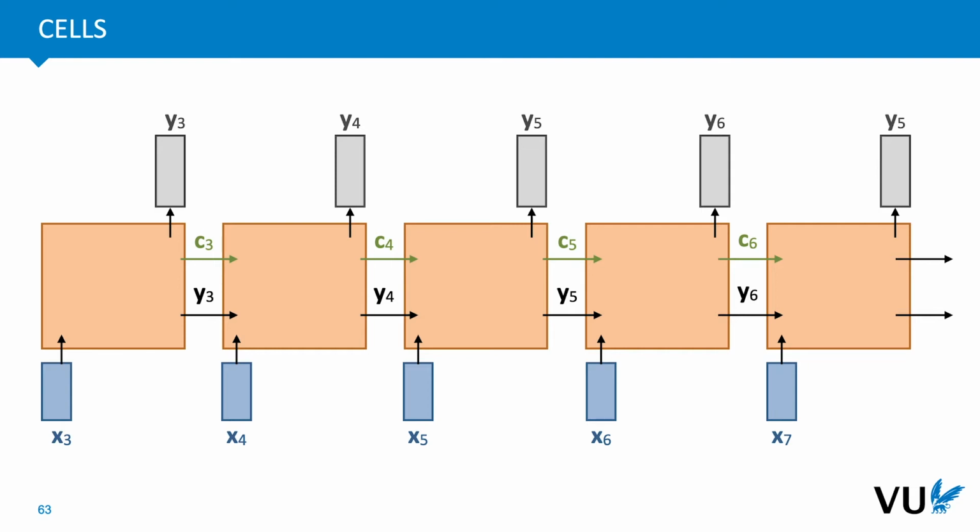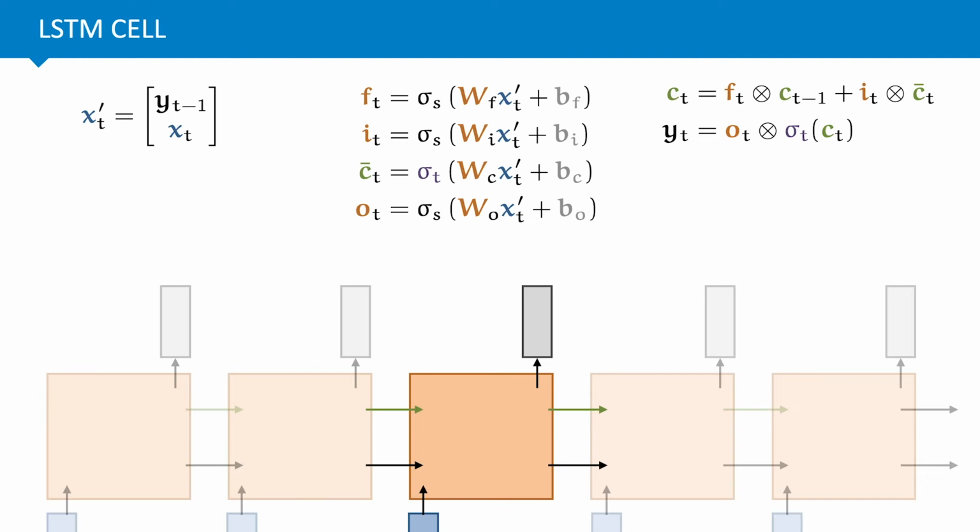It's a bit complicated at first sight. These are the formulas that are evaluated within the cell. Now, these are not complicated formulas. From left to right, on the left, we are producing a vector x prime, which is simply the concatenation of the current input and the previous output.